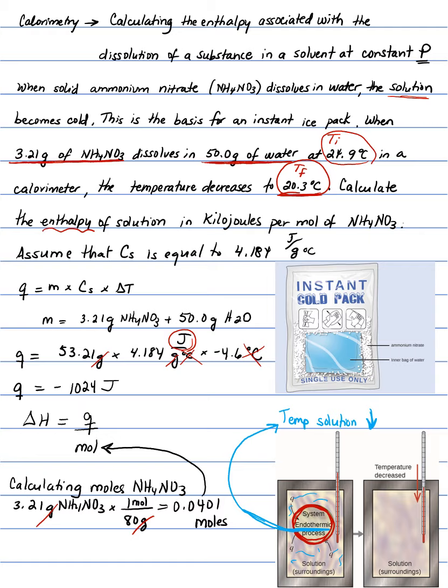Since we want to calculate the change in enthalpy in kilojoules per mole, I'm going to write down my heat Q in kilojoules, which is just dividing that number by 1,000, moving the decimal place 3 times to the left, divided by the number of moles that we calculated.